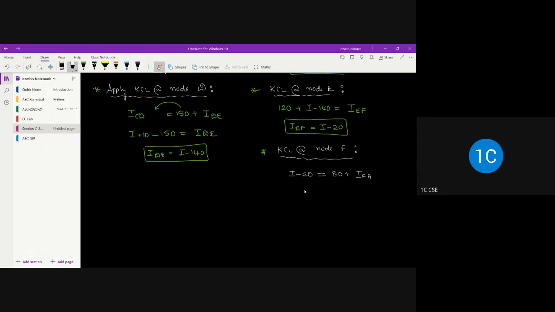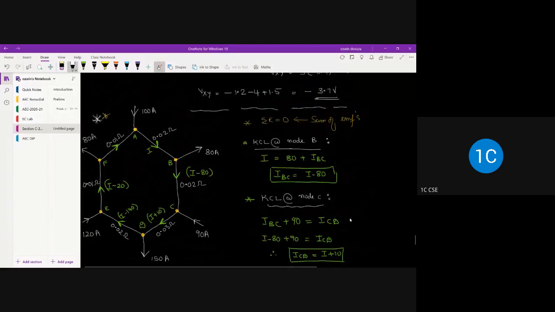Okay. So, thank you. So, IFA is equal to I minus 20 minus 80, or IFA is equal to I minus 100. Okay, so let us mark that current.